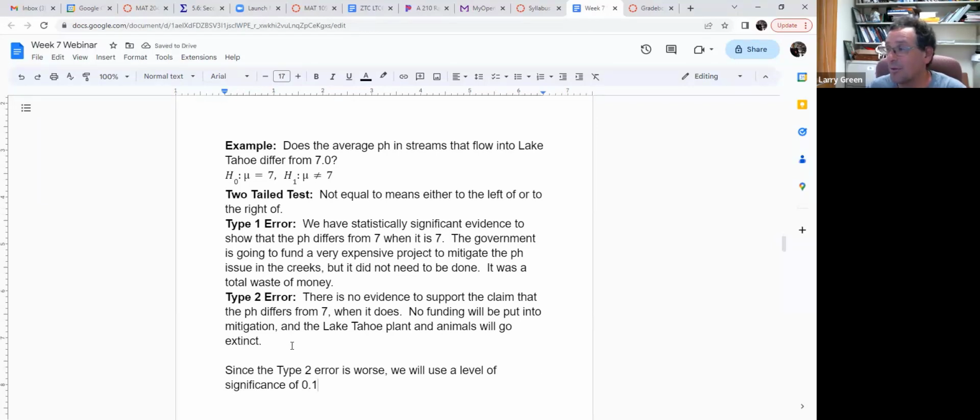If you just don't want to waste your taxpayer money, and that was the most important thing, then you would probably use 1%, or 0.01. If you think it's kind of balanced, then you'd use 5%. Any questions on that? Okay.